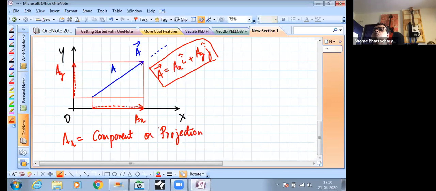So the word projection is also usable over here, of the vector A along the x-axis. And similarly, Ay is the component or projection along the y-axis.